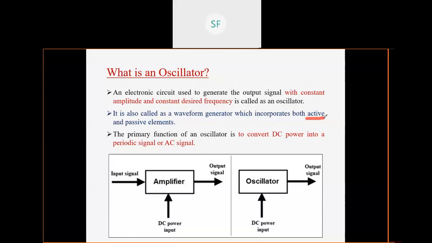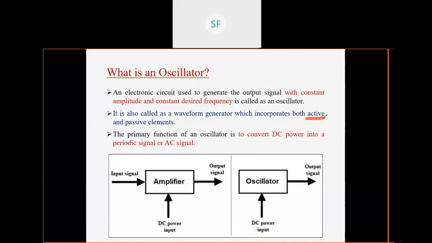Do you know any kind of active element? Have we discussed so far any kind of active element which has its own gain? Anyone? Have we discussed any circuit like this, a circuit which has its own gain?